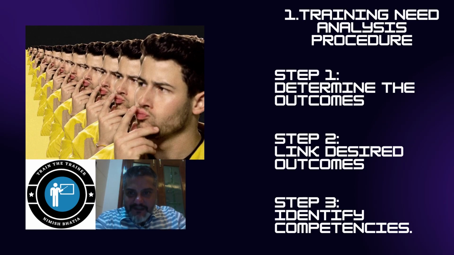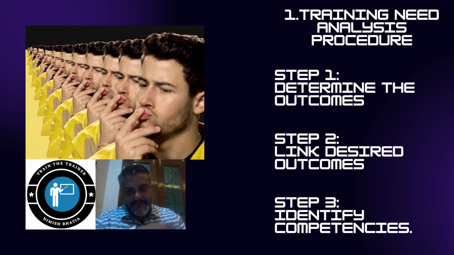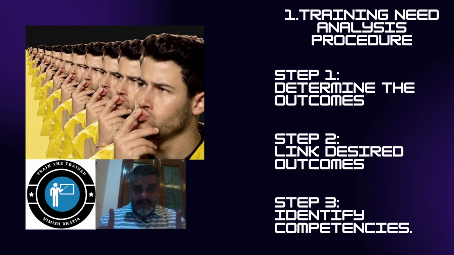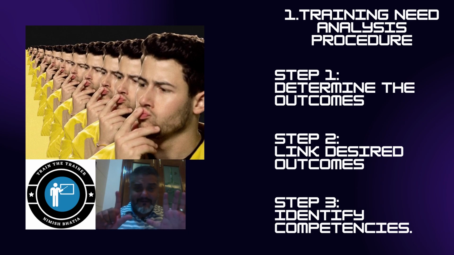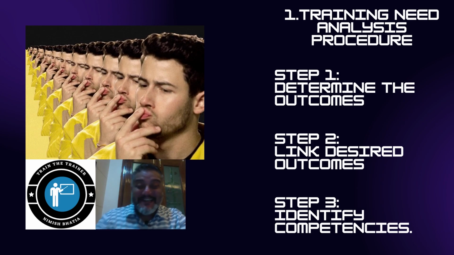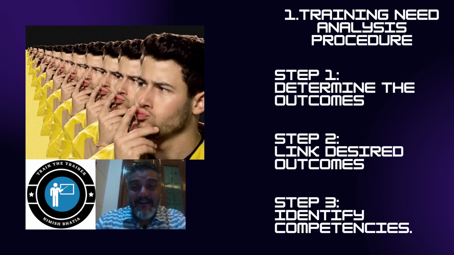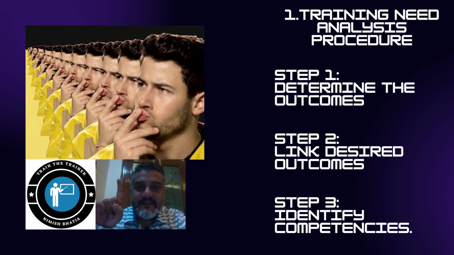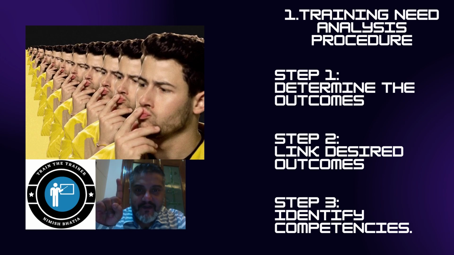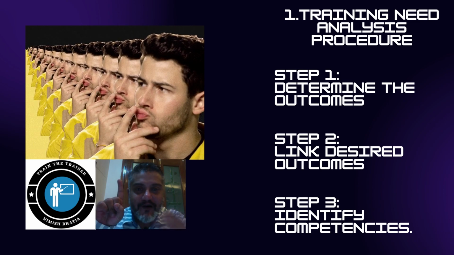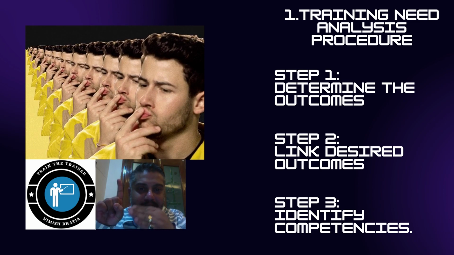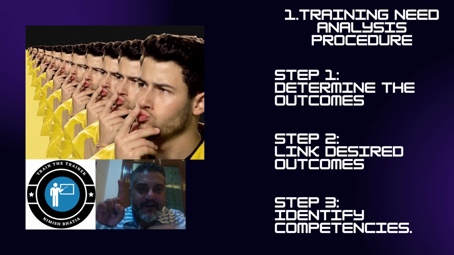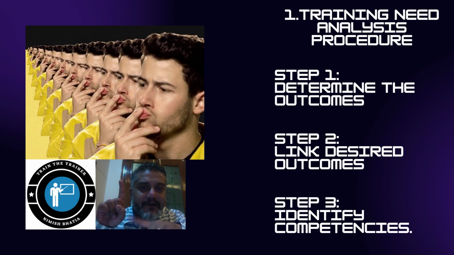In simple words, training need analysis is a six-step process. In step one, you have to determine the business objective. Once you know that, it is very easy for you to work backwards and plan and design your entire content so that that particular objective is met.